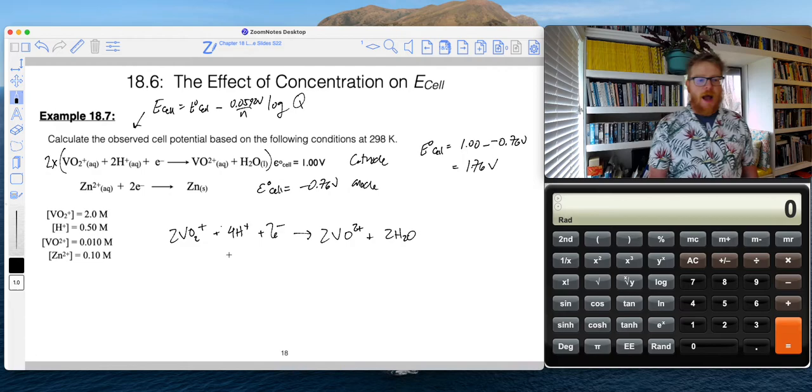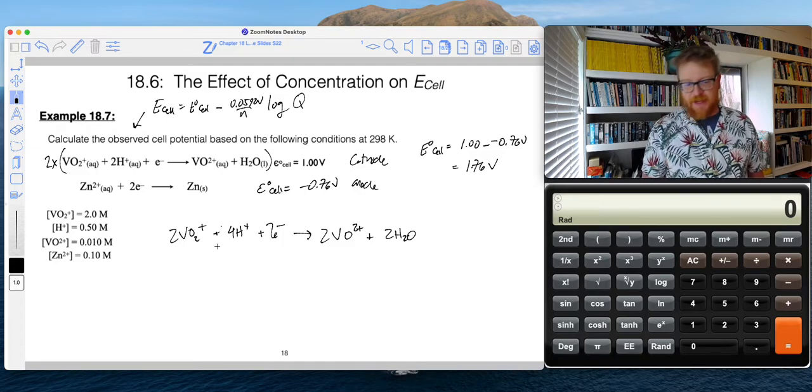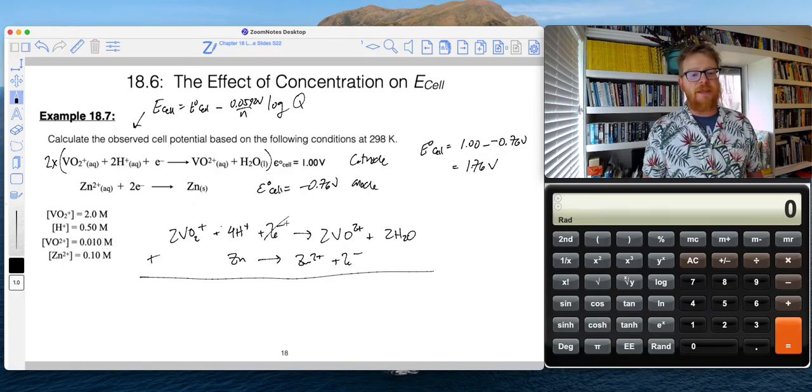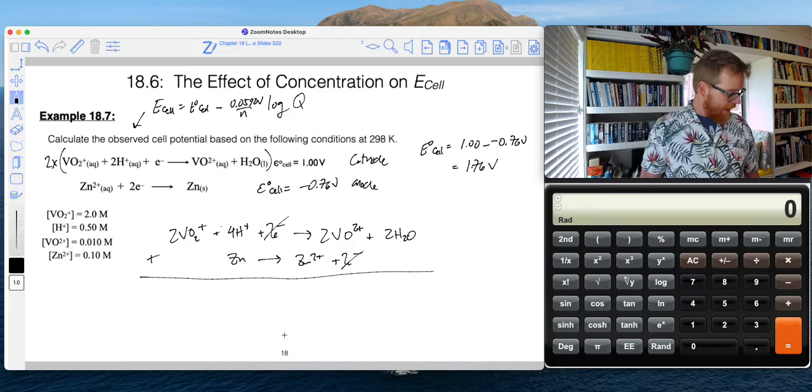Okay. And then now we recognize that because we made this one the anode, right, the negative, that means we need to flip the zinc reaction. So that's going to go zinc solid makes zinc 2 plus 2 electrons. And now when I recombine these, the electrons and the electrons cancel.